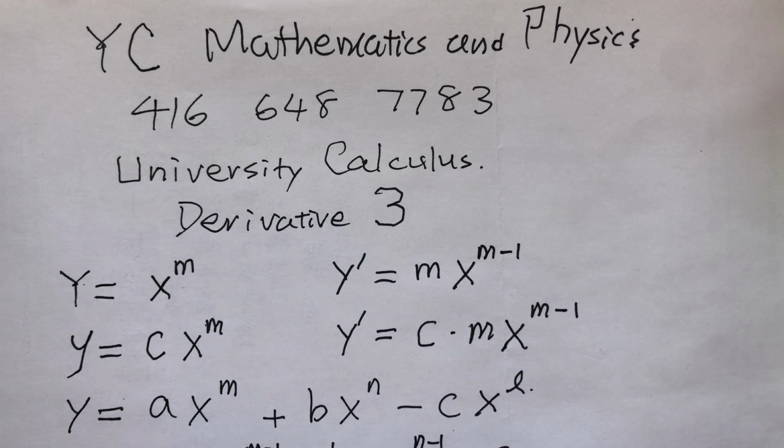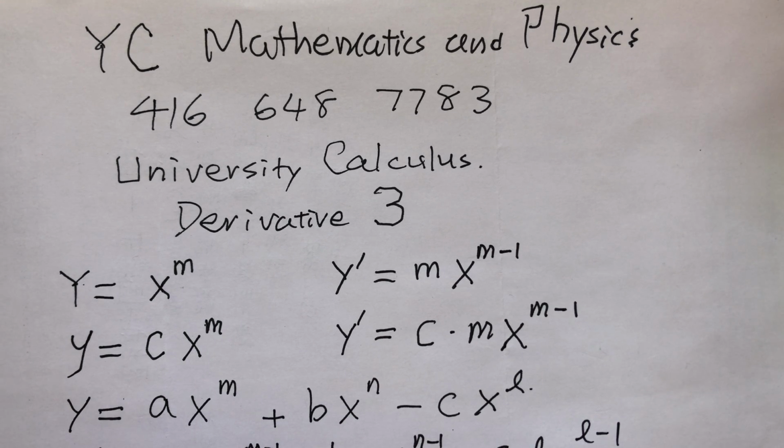When this is minus, you keep the minus. When this is plus, you keep the plus. So this rule is called the sum and difference rule. Okay. Sum and difference rule.